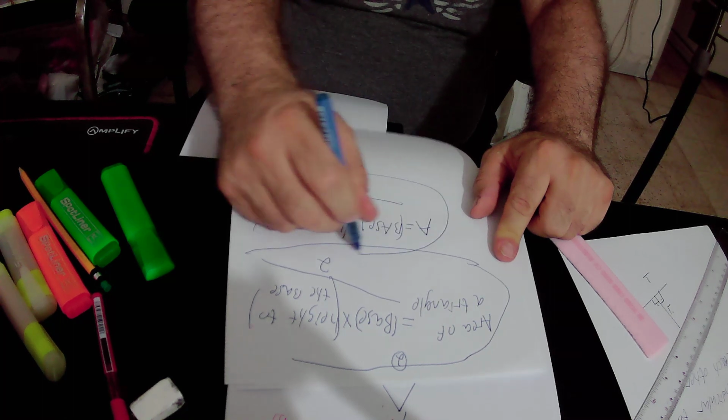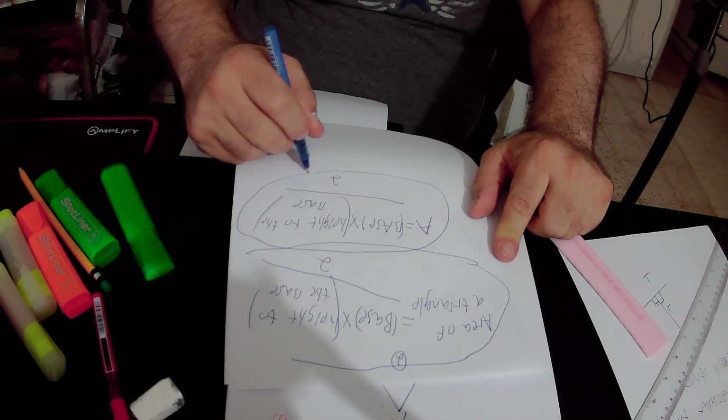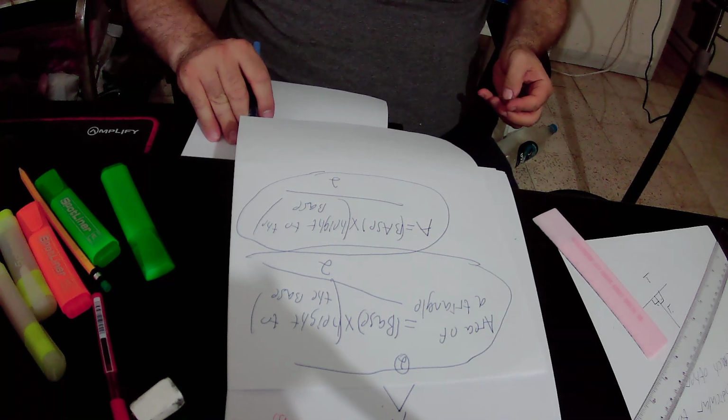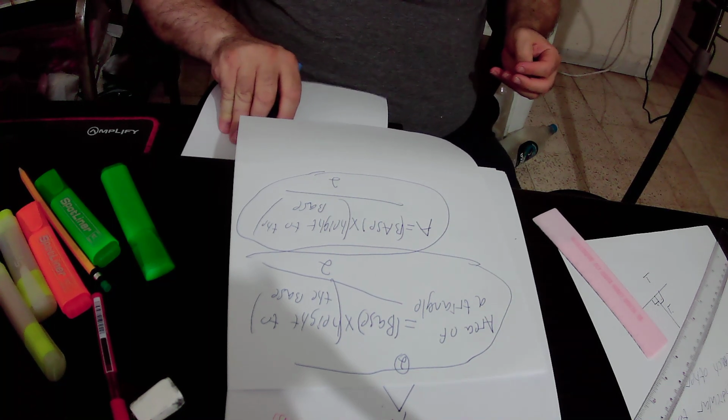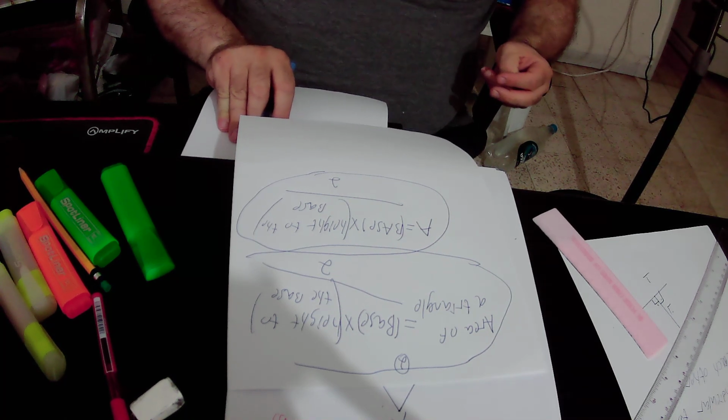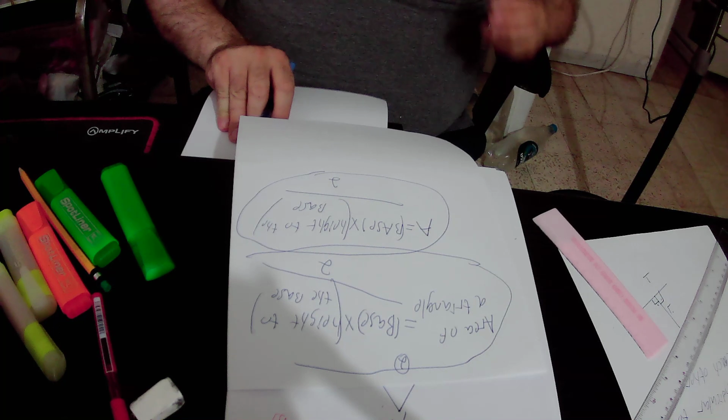Okay, this is the formula for the area of any triangle, no matter if it is a right triangle or any other triangle. The area of a triangle equals the base times the height to the base divided by 2.